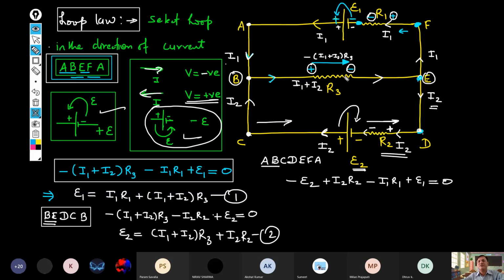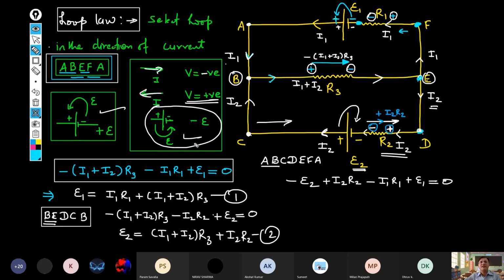Let me finish this first bit. First part is clear to you, Dhruv? Yes. And whenever we are moving opposite to the direction of the current, like in this example, it is from minus to plus, so we will take plus I2 R2 in case of resistance. Dhruv, these two things are clear to you? Yes.